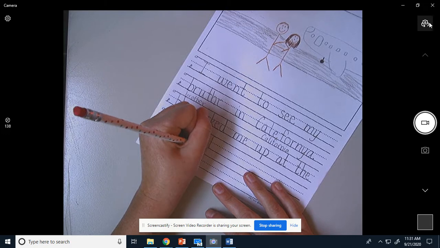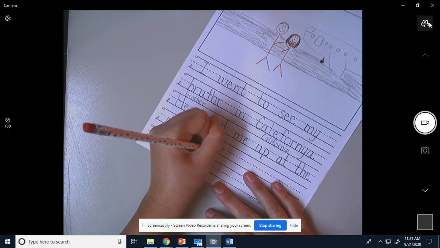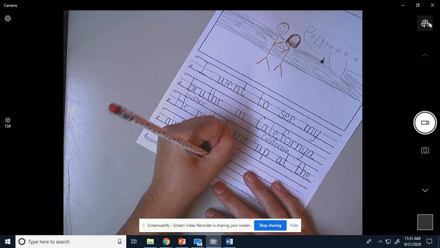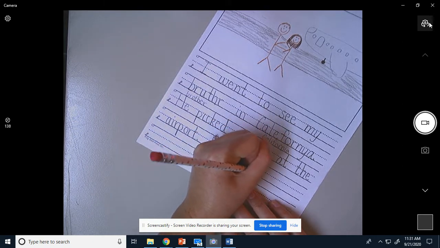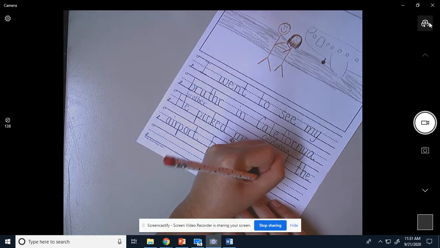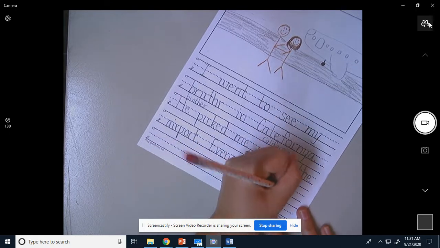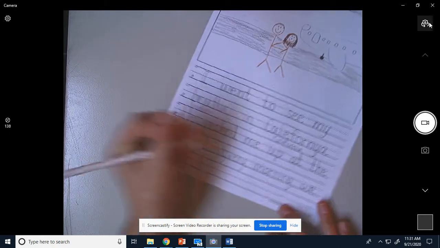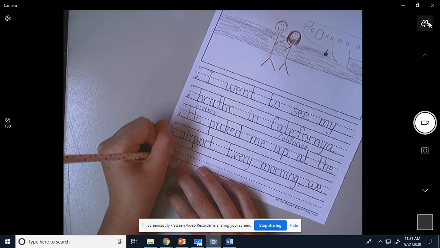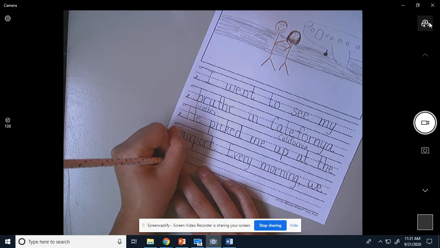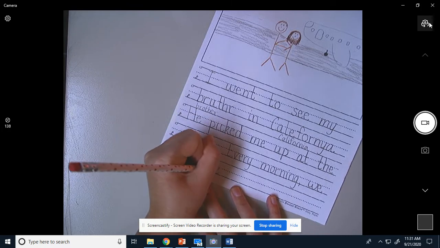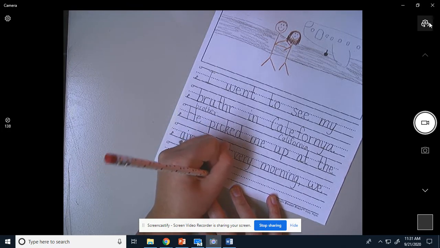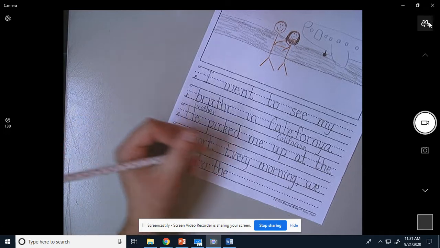Every morning, comma, we rode to the sight word beach.